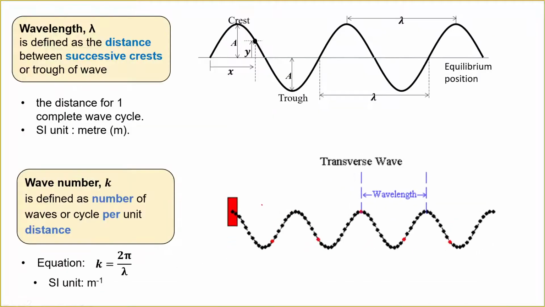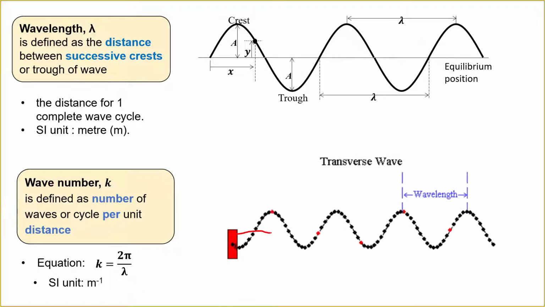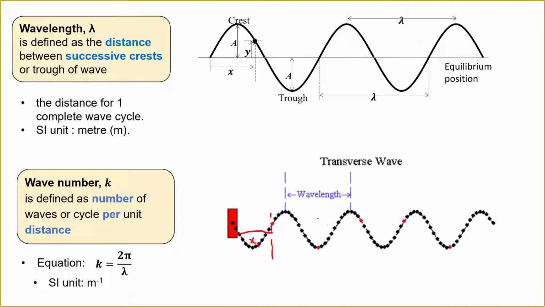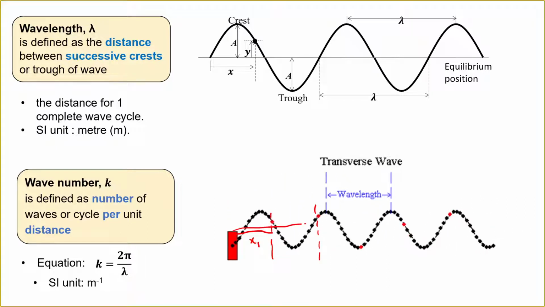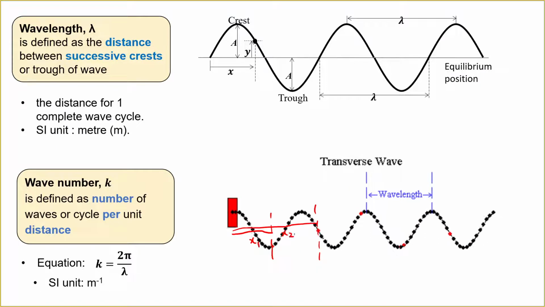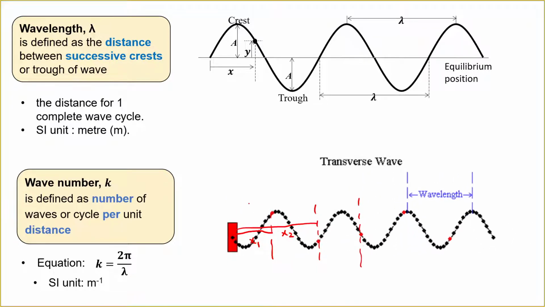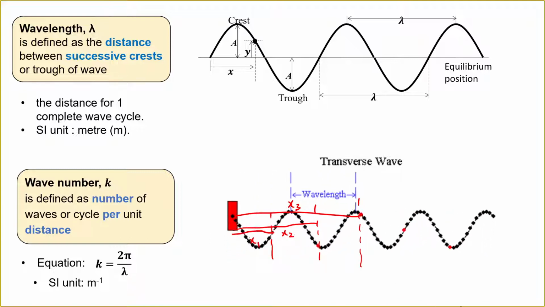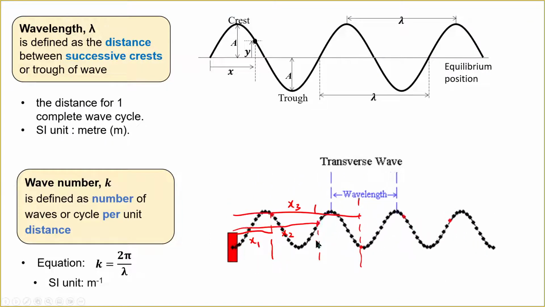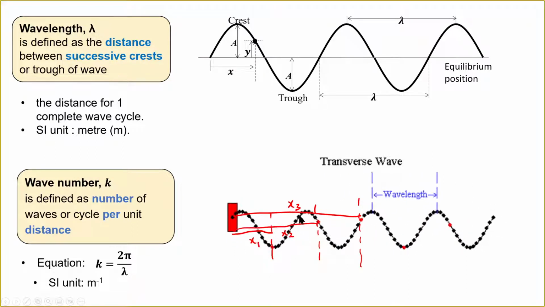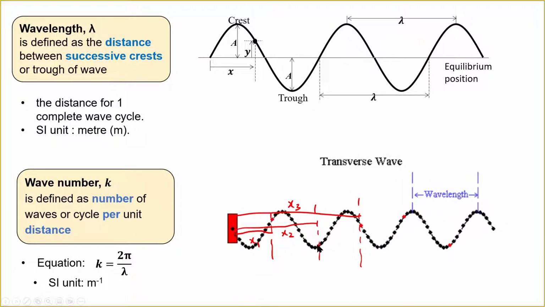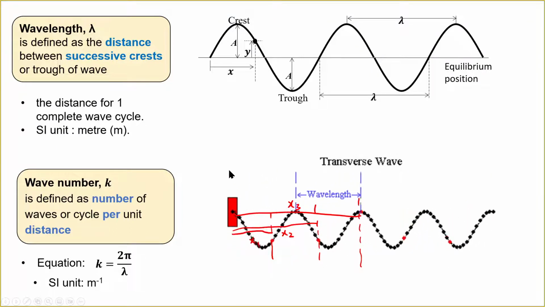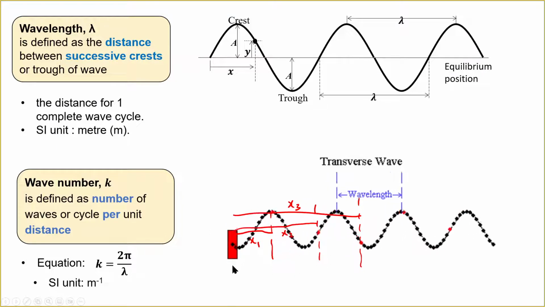This particle to here has, let's say, distance 1, and the next particle is at distance 2, and then this particle is at distance 3. Actually, not just the red particles, we can also talk about the black particles. I just take the red particles as an example. All the black particles are at different distances from the first point, isn't it?